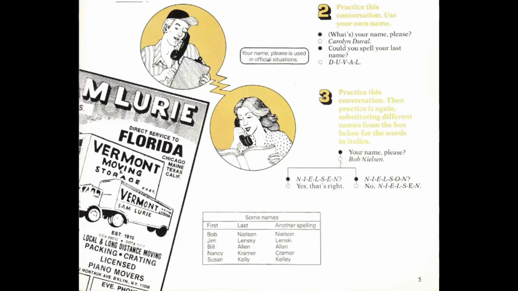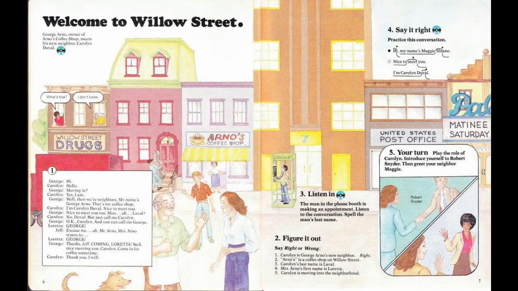So, where does this name come from? Nielson? From the box on the right side. Another spelling. Another spelling is the one which is not correct, which is not this person's name. So, here there are different names, so we can use them one by one and we can practice them in the same way.